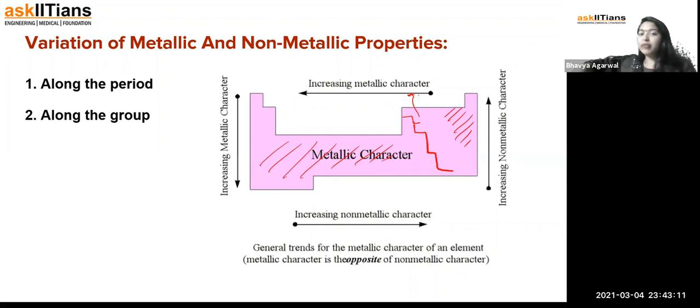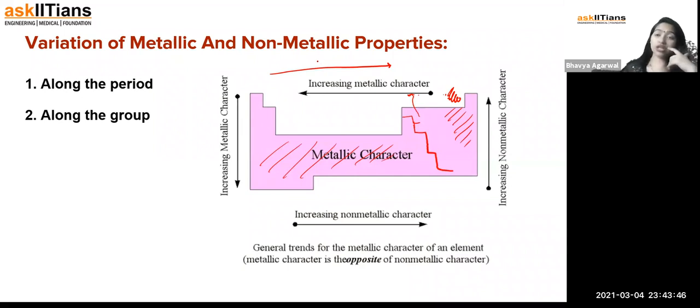So variation of metallic and non-metallic properties, how is that happening? See, as we are well aware, if towards the right it means non-metals, so can I say while I move from left to right, I have more chances to find a non-metal? Like I'm moving towards non-metal. So of course my non-metallic character will increase if I move from left to right along the period.